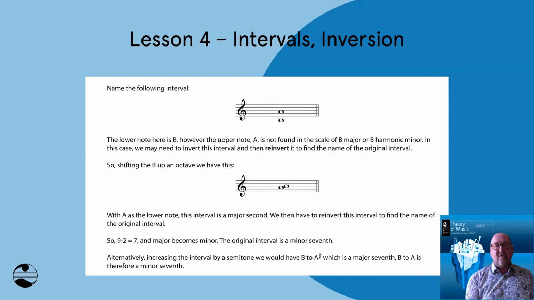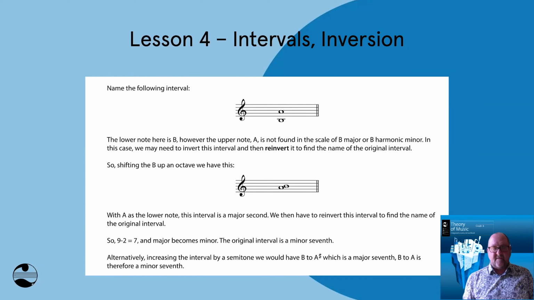But if you have students that are very clued in, another method that I sometimes use is to get them to either sharpen or flatten the top note. For example, if you sharpen the top note of this, B to A sharp, well, that's a major seventh. It exists in B minor, it exists in B major.